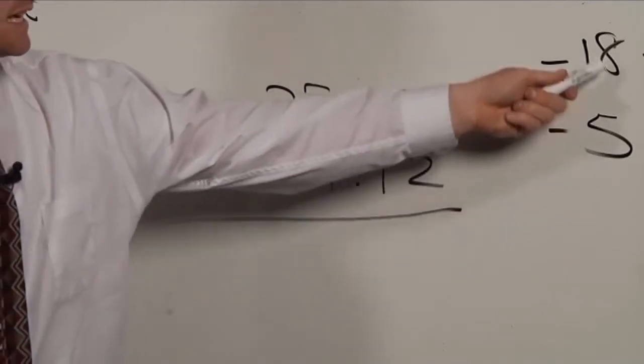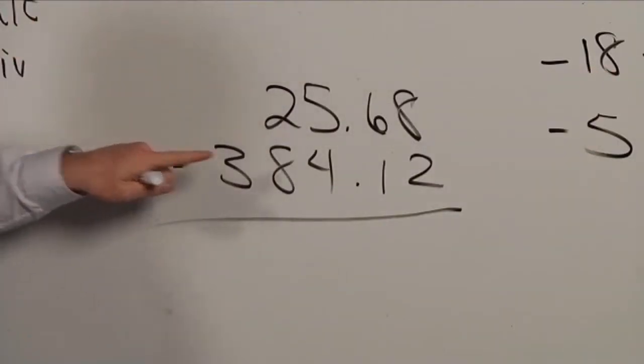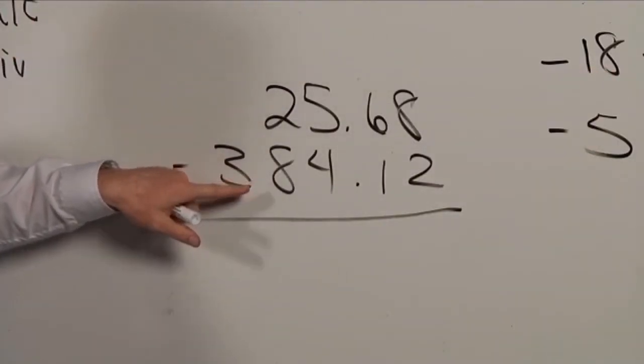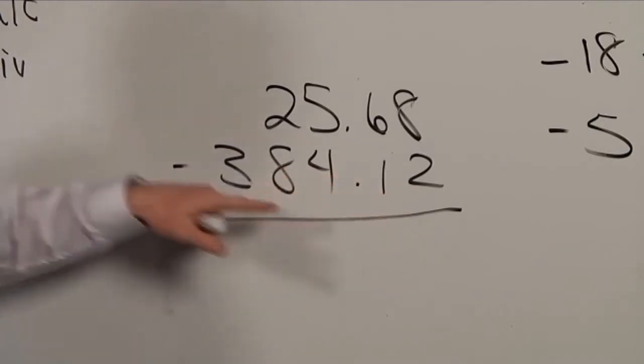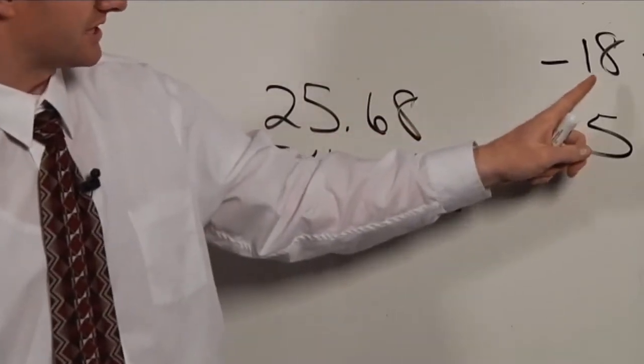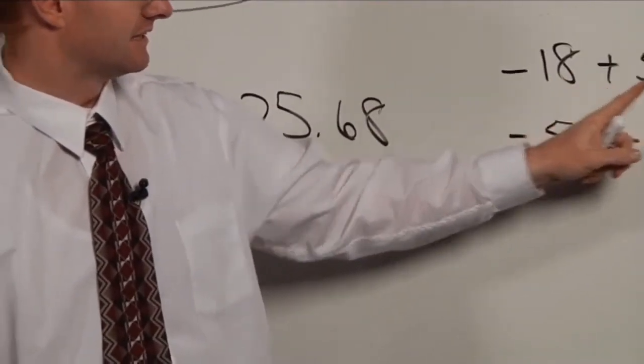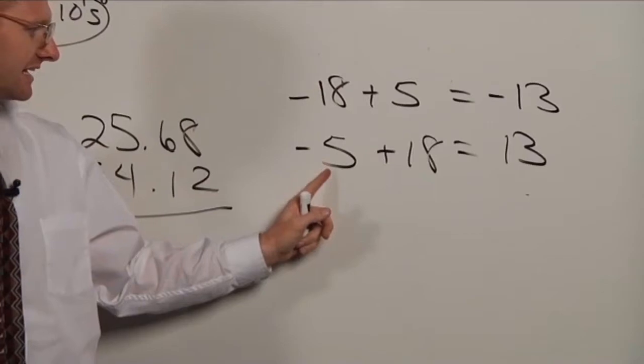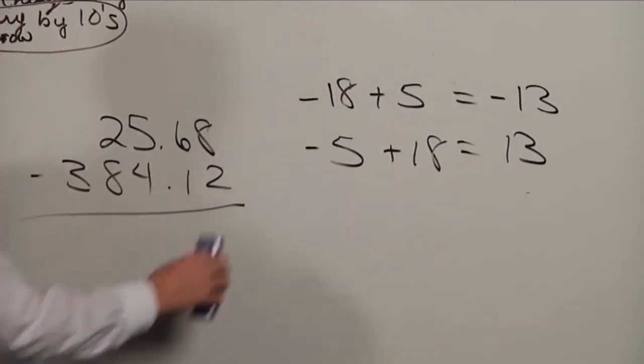Now we're going to use this key over here, and if you were to subtract these backwards, take the 384.12 and subtract that, you'll get exactly the opposite answer, just like with this. Here you had a 5 and a minus 18, gave you a negative 13. Negative 5 and a positive 18 gave you 13.